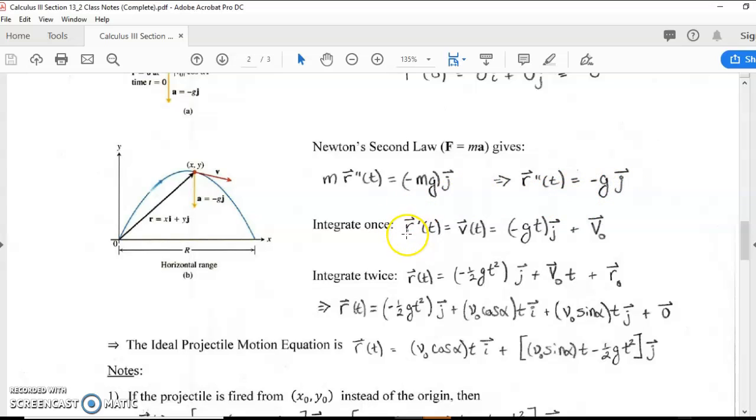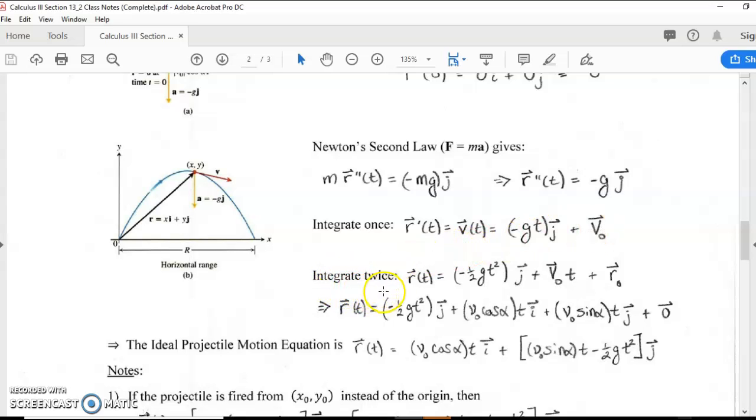So what we can do is integrate that once to find the velocity vector, because r prime is the velocity vector. So if I integrate r double prime, the acceleration vector, I can find the velocity vector. When I integrate minus g, I get minus gt in the j direction plus some initial velocity vector, which again, we know the initial velocity vector, so there it is.